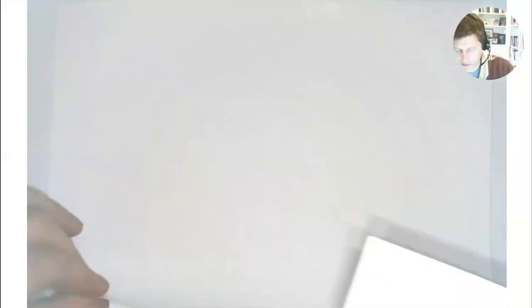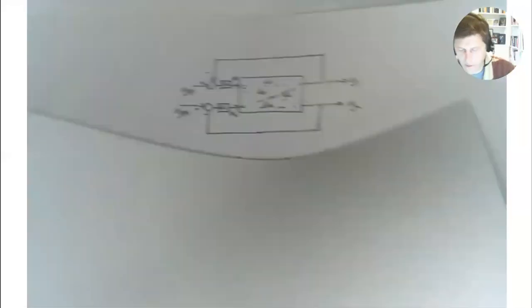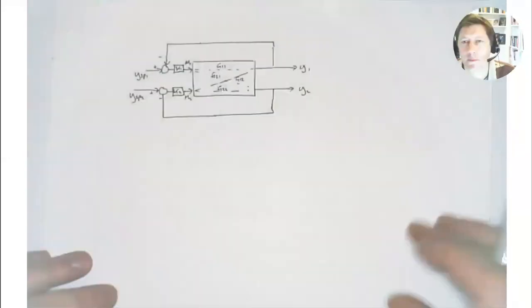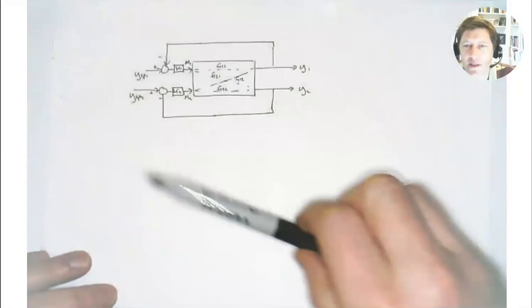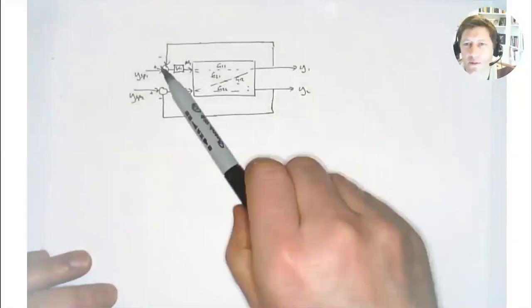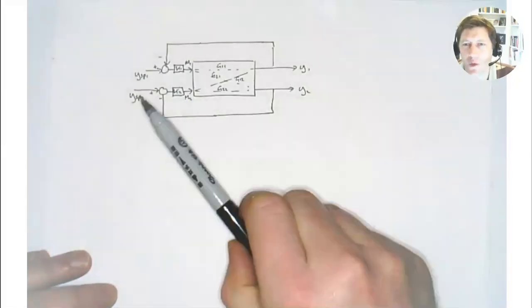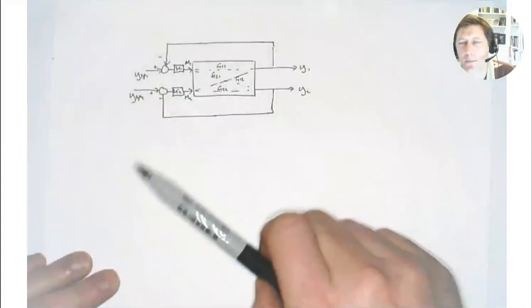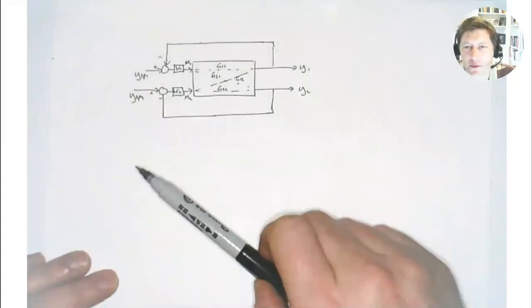So I've written some of this out in advance to make it a bit easier. So here's our setup, and we've added in some control loops. They go from Y2 to M2 and Y1 to M1 as we've written it.